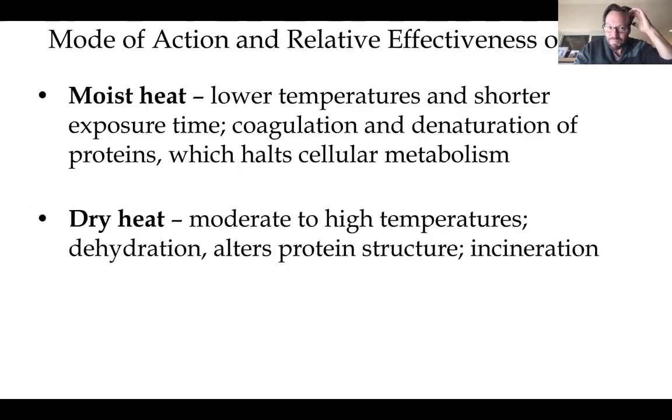Okay. So again, sufficiently hydrated heat can be used at lower temperatures and shorter exposure times. What that does is denature the proteins, so the microbes cannot undergo the metabolic processes they need to stay alive. With dry heat, you need to go higher, so you're going to incinerate stuff.